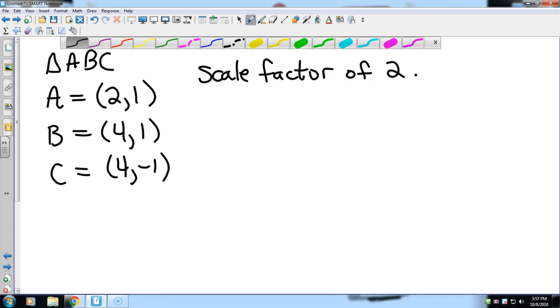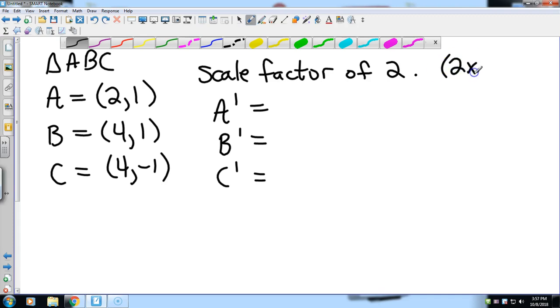And we're going to map its image, this being the pre-image, we're going to map its image of A prime, B prime, and C prime. And so if it's a scale factor of 2, that makes it an enlargement. And I'm just going to enlarge all of my coordinates by a factor of 2. So I multiply each of them by 2. And it would look something like this.